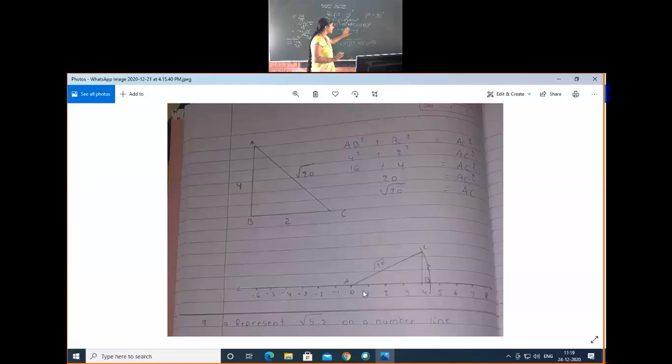So we can add this 2 and 1 by 4 by taking the LCM. But here root 2 we cannot add. So root 2 will remain like that only. Just by adding root 2, can we convert this into a rational number? No, this is irrational.